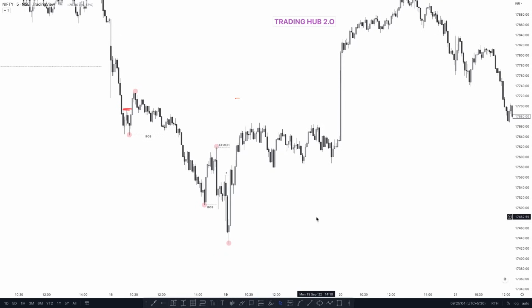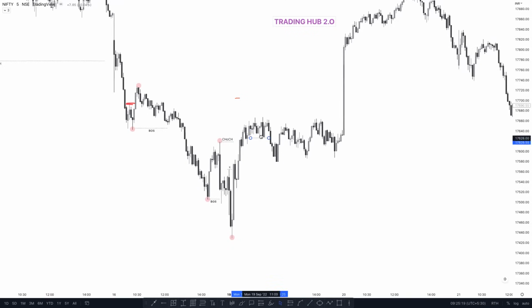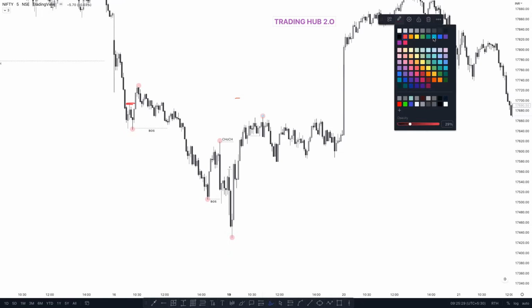Again, the market pushes higher, and now we can see in this leg, this one is our minor inducement. Probably here also, yes, at this point, because this is a pullback and then the market goes higher, right? So we can mark this as our higher high at this point.